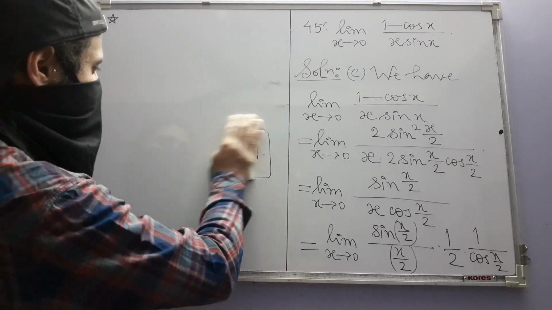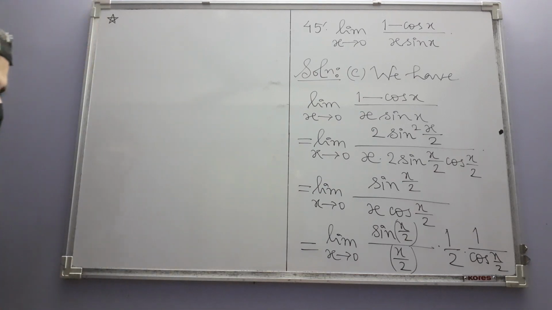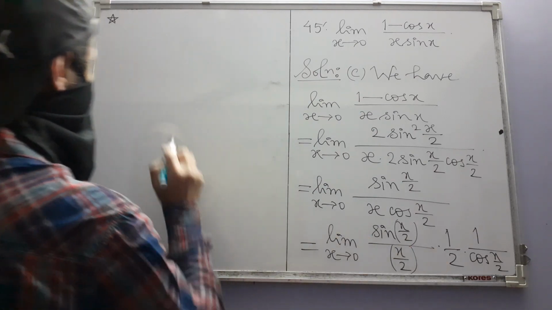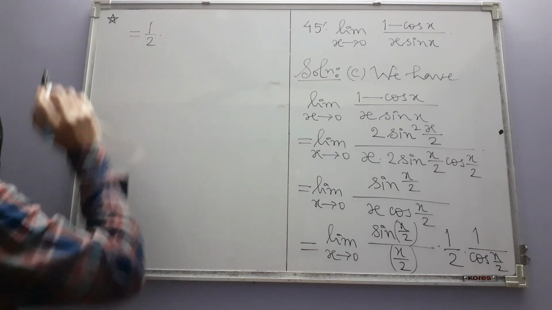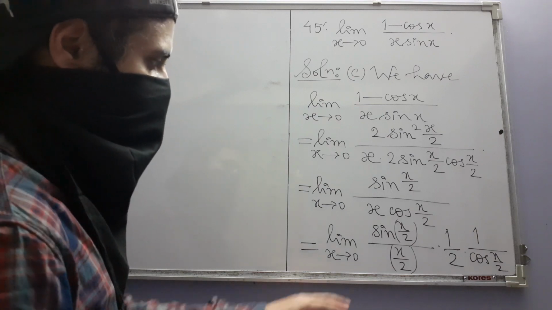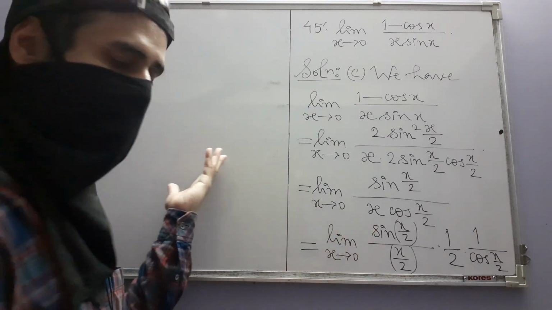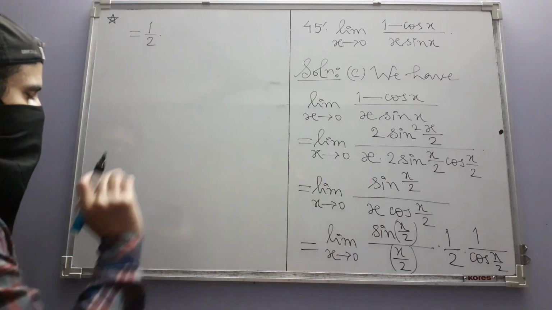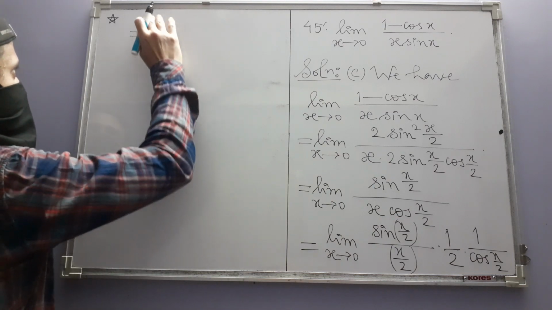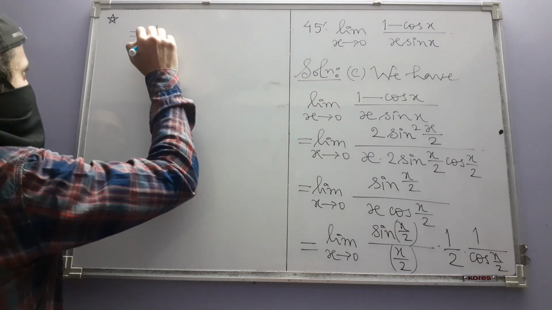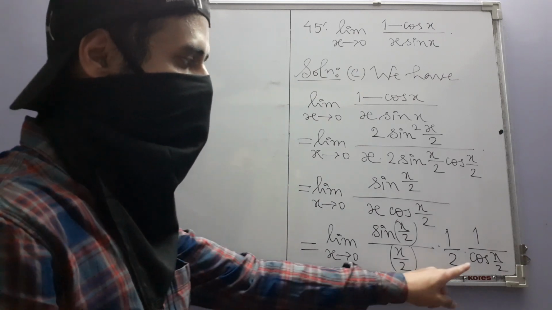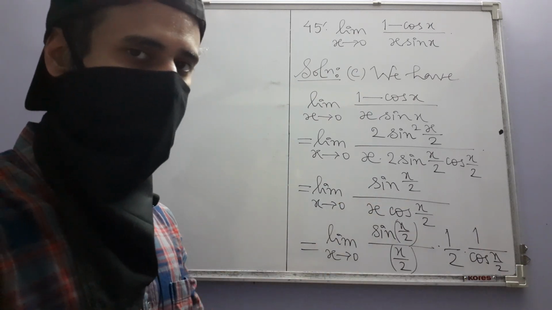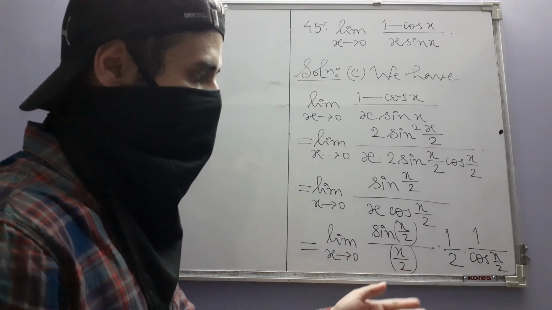So now we can write our limit. Since 1 over 2 is constant, it does not depend on x. It will stay like that. Now this, according to this fact, approaches 1. So if you want, you can write like this also. This approaches 1. This is 1 over 2. And as x approaches 0, x over 2 also becomes close to 0.